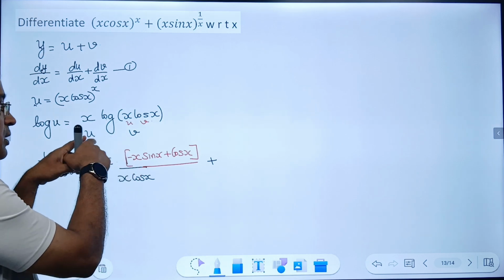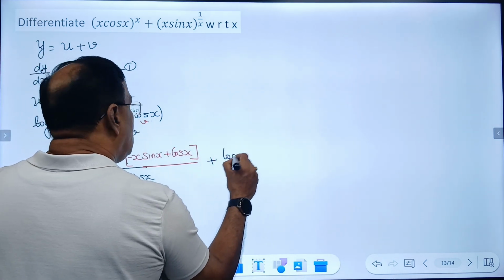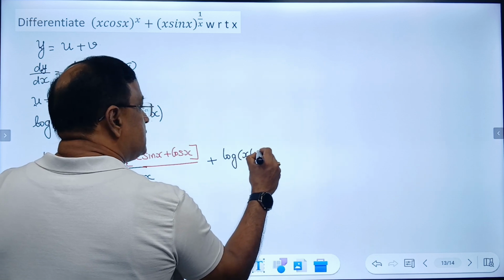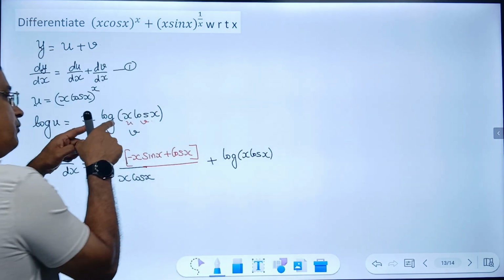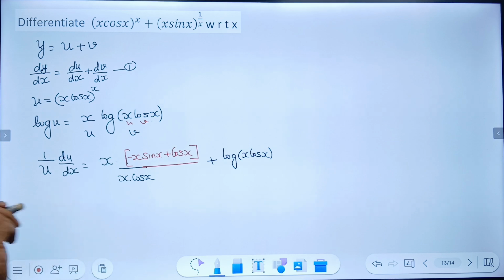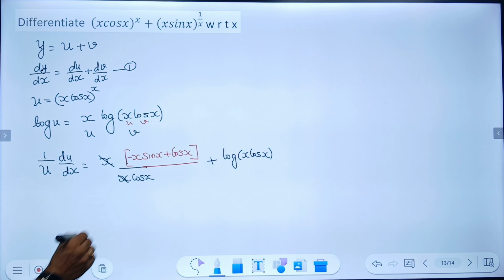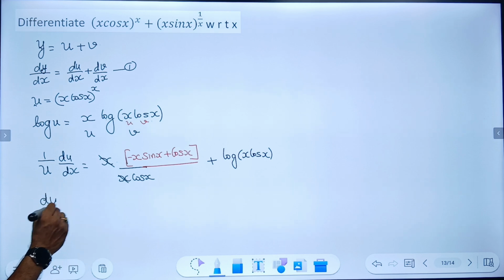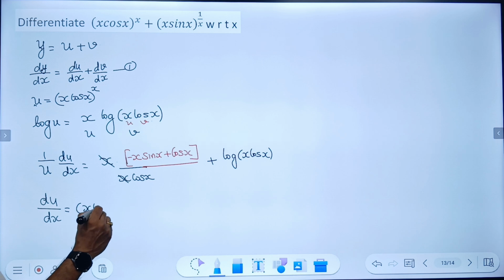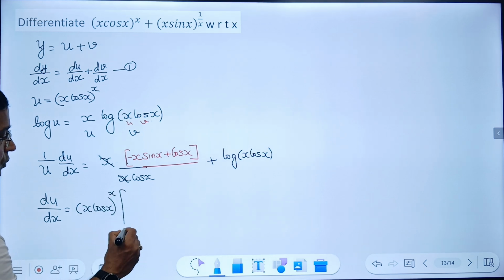Now I am coming to the black things. Now v into, what is v? V is log of x cos x. Differentiation of u is 1. No need to write. Okay. So now what is this? Here you can cancel this x and x. So du by dx will be, cross multiply that u, that will be x cos x, the whole power x, bracket open.